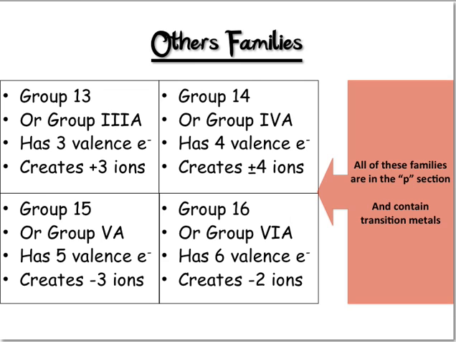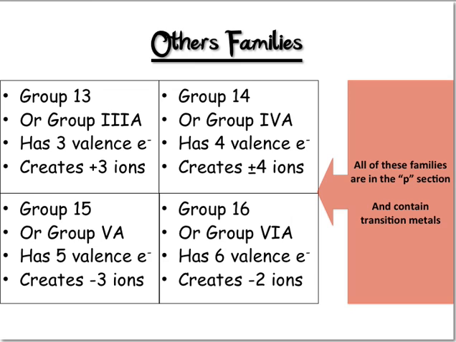Group 15 or group 5A has 5 valence electrons and they create a negative 3 ion. And group 16 or group 6A has 6 valence electrons and they create negative 2 ions.